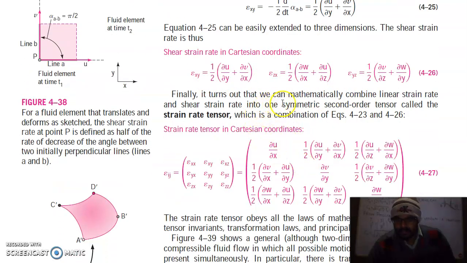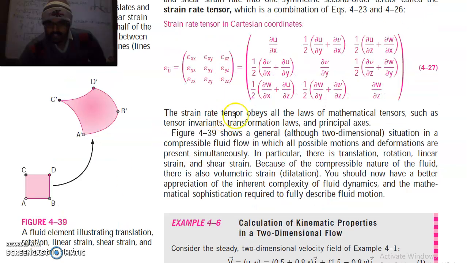Finally, it turns out that we can mathematically combine linear strain rate and shear strain rate into one symmetric second order tensor called the strain rate tensor. The strain rate tensor obeys all the laws of mathematical tensors such as tensor invariants, transformation laws and principal axes. The figure shows a general situation in a compressible fluid flow in which all possible motions and deformations are present simultaneously.